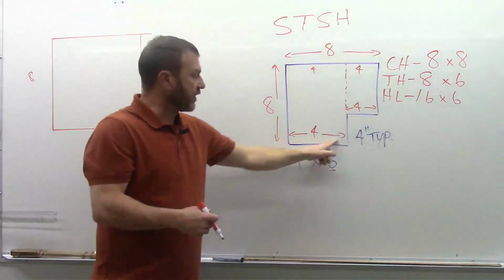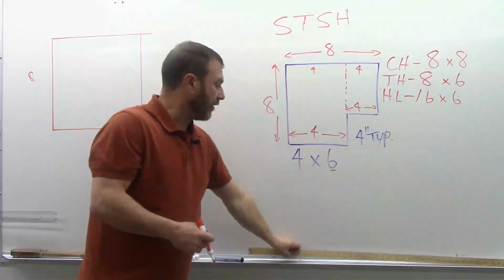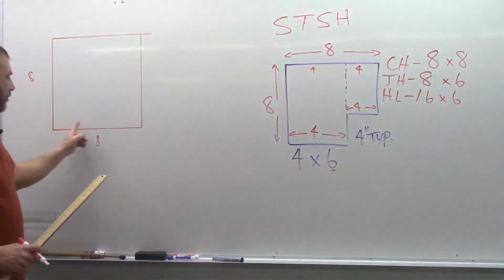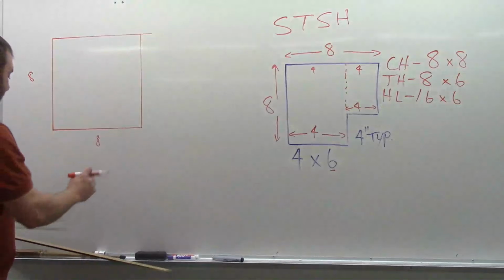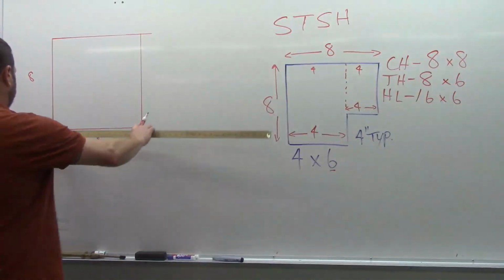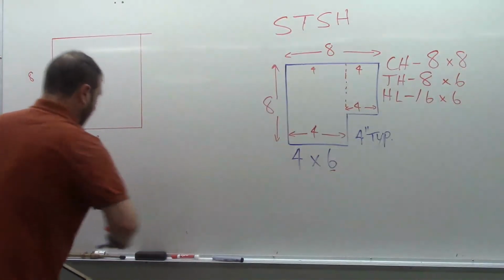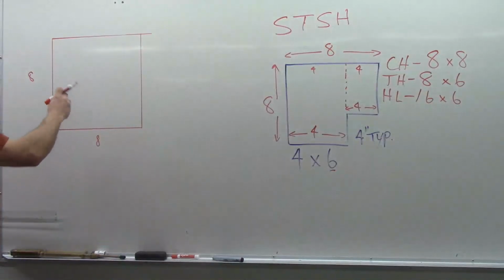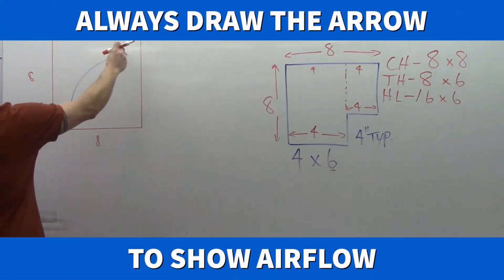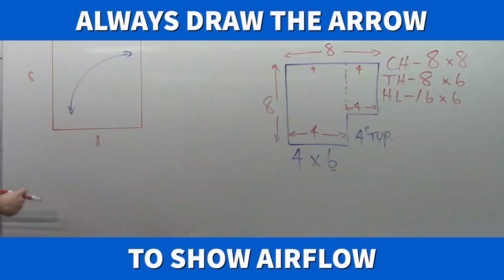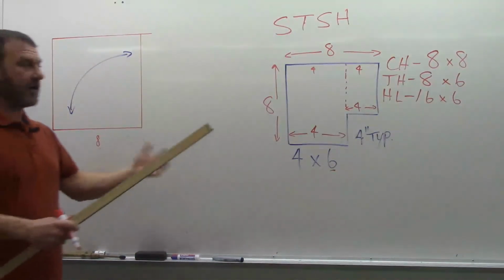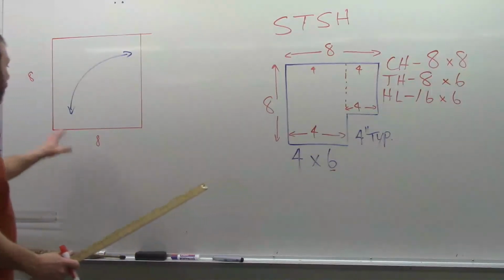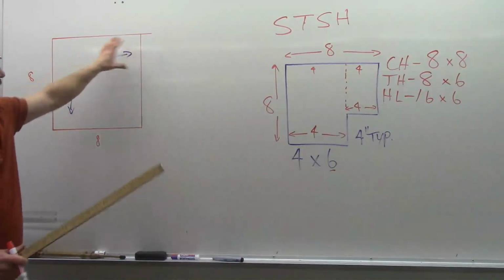So again, we're going to measure our opening, and I'll do it on both sides now, going this way and this way. Before I do that, I'll add in my arrow. I haven't done that. So it's always a good idea to draw our arrow for direction of airflow, so I don't get confused, or forget where the openings are in the fitting.